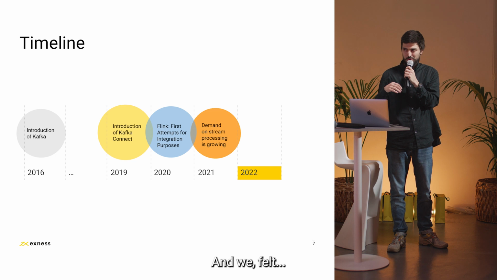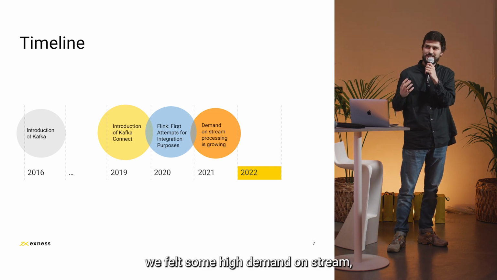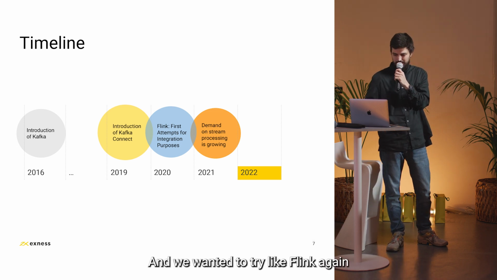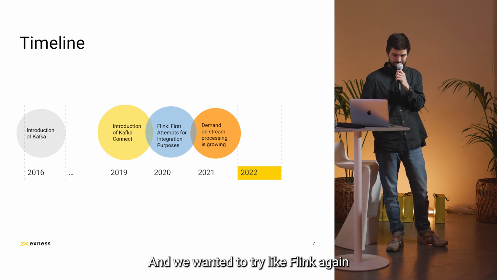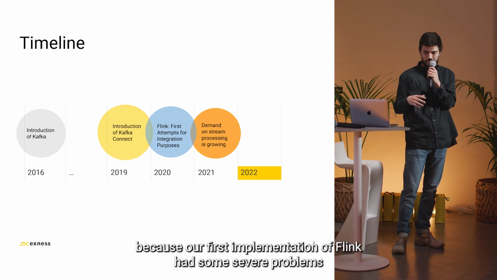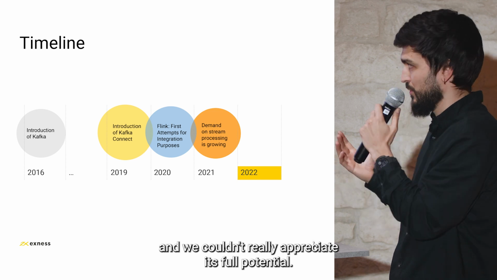We felt a high demand for stream processing in our company. We wanted to try Flink again or some other solution which would be well implemented, because our first implementation of Flink had some severe problems and we couldn't really appreciate its full potential.